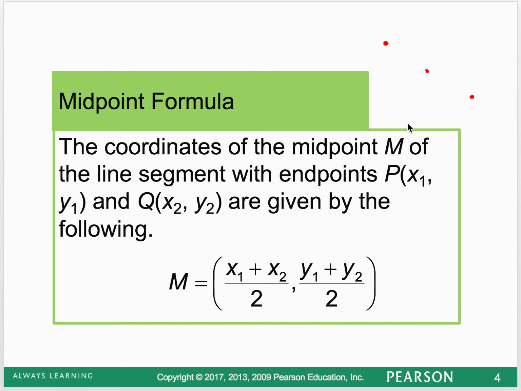I want to know it's an actual point. That other one we found the measurement, a length, that distance. But now I'm just finding another point. So notice it's in coordinate form, and all you do is find the average of the x values and the average of the y values, right? Average, right in the middle point. So you add the 2 x coordinates, divide by 2, add the 2 y coordinates, divide by 2.